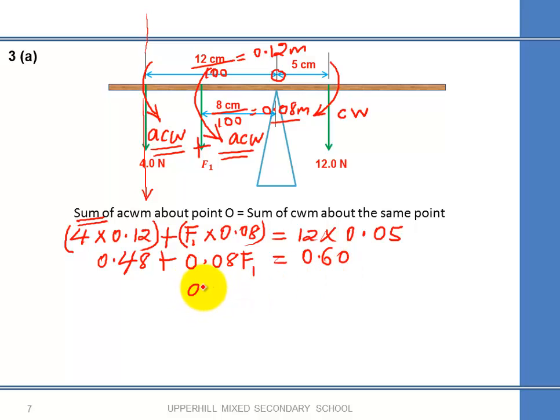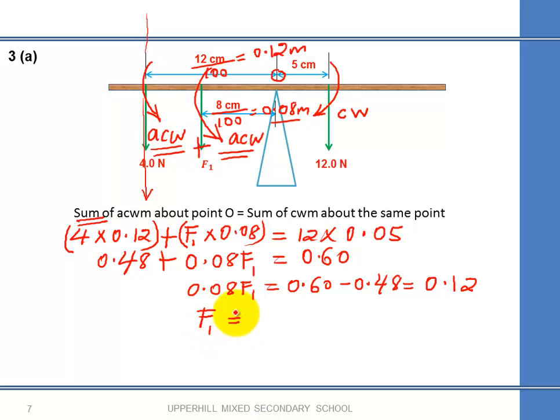So on the left hand side, we are going to remain with 0.08 F1. We take 0.48 to the other side, subtract it from 0.6, and that gives us 0.12. In order to get F1, we divide both sides by 0.08.